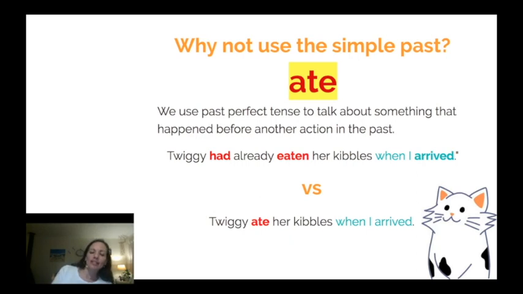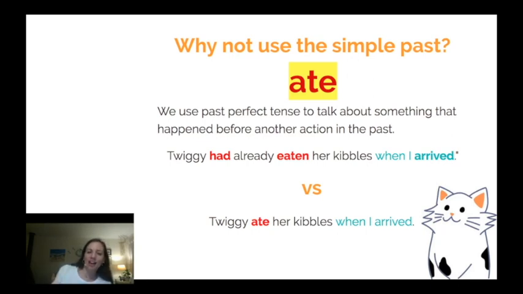In the first example, Twiggy had already eaten her kibbles when I arrived. It sounds like when I arrived, she had already finished eating. The feeding had ended. It has been done. In the second example, Twiggy ate her kibbles.